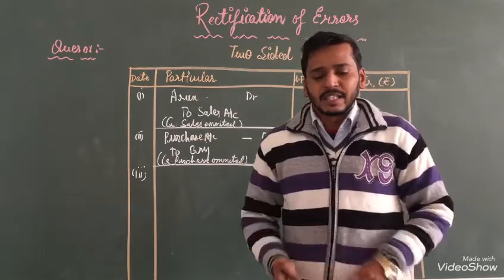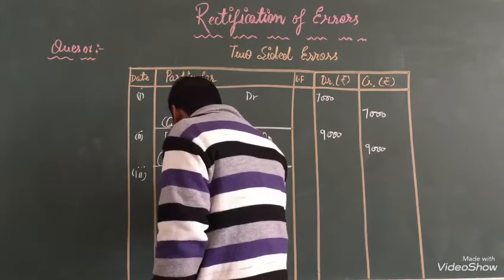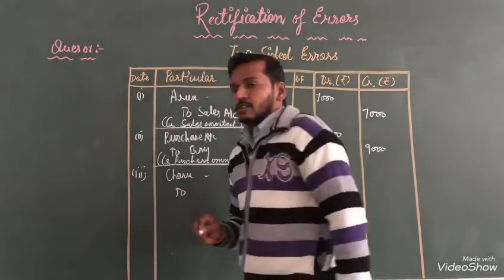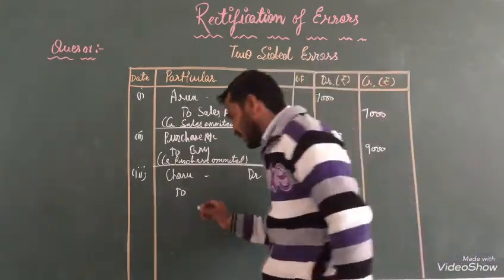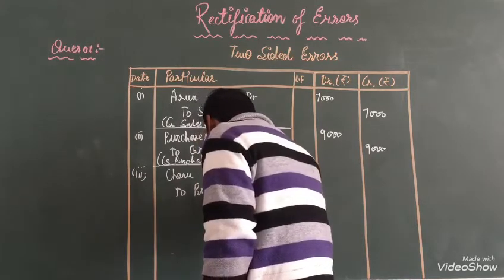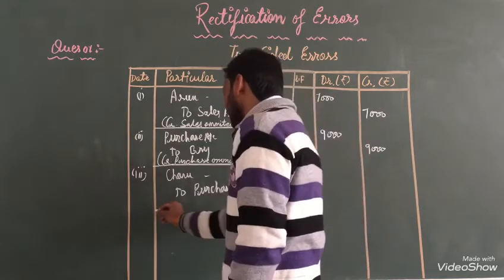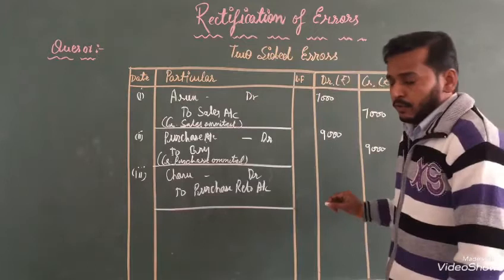If a return entry comes, first you write Charu, to be named here, to goods return, which here is purchase return. So purchase return account, and the amount you have to write is 4,000.